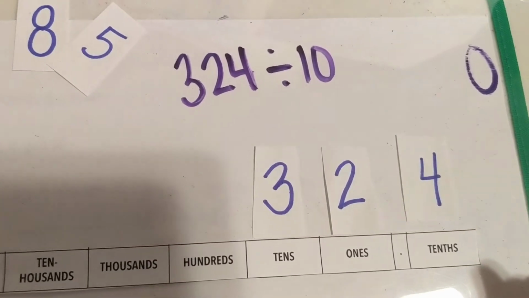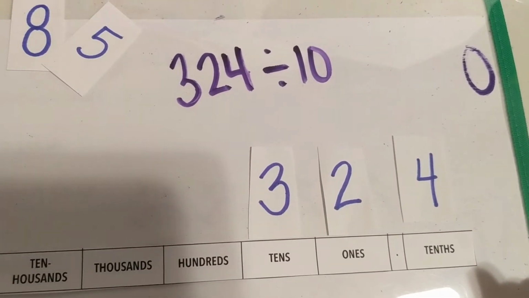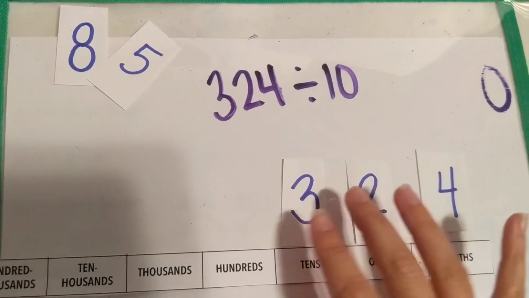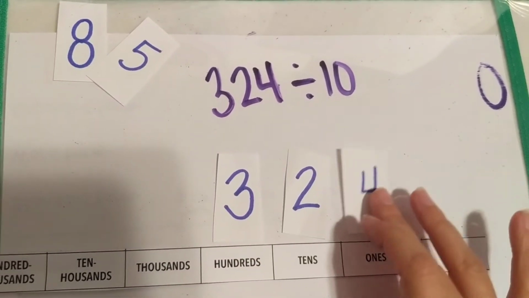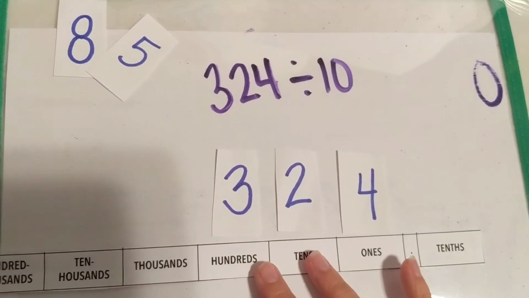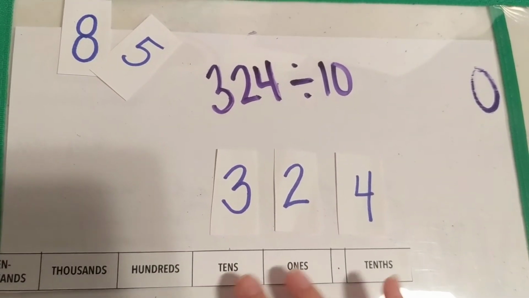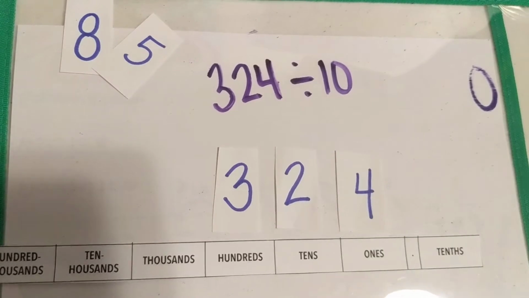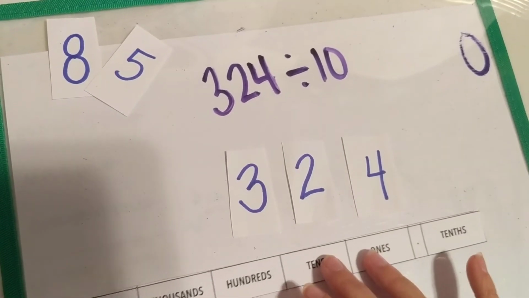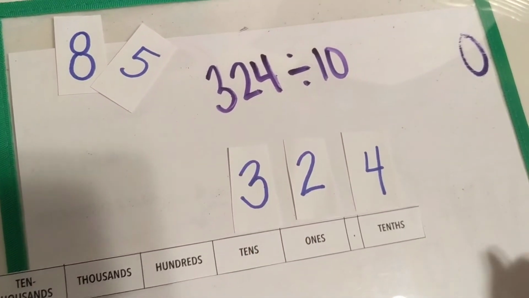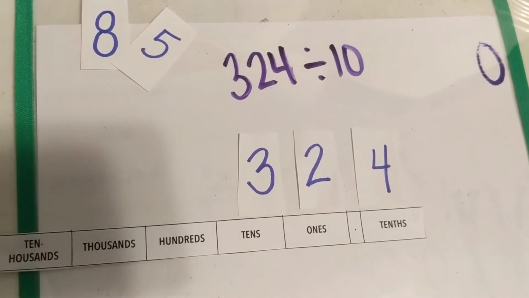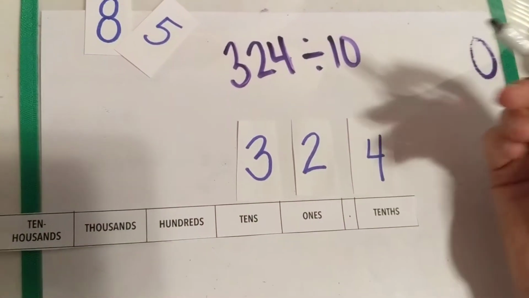And then that would give us 32 and 4 tenths. All right, so another way we could do that without having to move it using our place value flag, we can move this. So if we're dividing by 10, let's start back at 324. If we're dividing by 10, now we are shifting those over, and we would have 32 and 4 tenths.